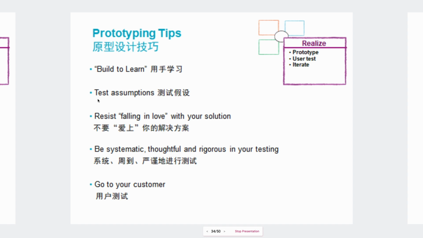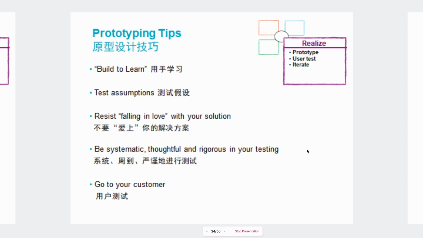And also, resist falling in love with your solutions. Because when you fall in love with your solutions, you will push our user to like it. Actually, maybe our user does like it. Okay, so it's very important. But don't fall in love with your solutions. Maybe we can have better solutions. Also, be systematic, thoughtful, and rigorous in your testing.